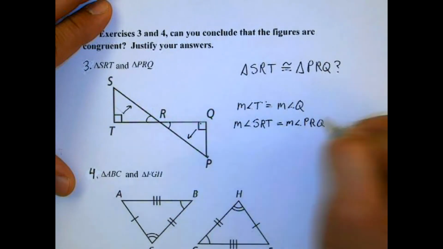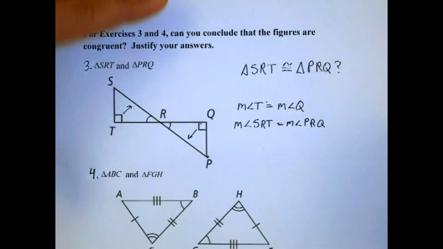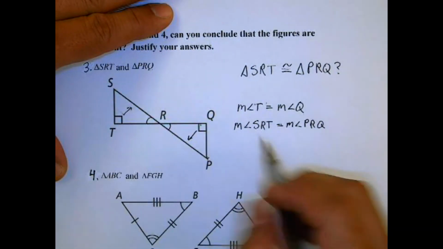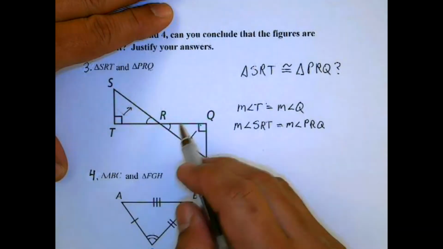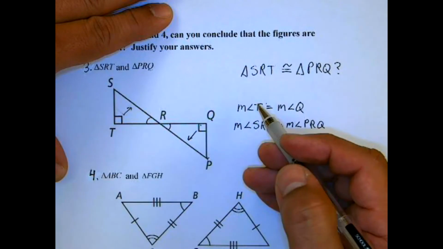And a while back we talked about triangles, and you know the sum of the interior angles of a triangle is equal to 180 degrees.